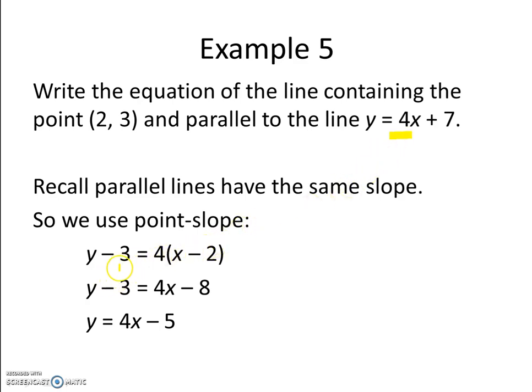Plugging that in with our point (2, 3), we have y minus 3 equals 4 times the quantity x minus 2. Distributing that 4 to the x, we get 4x, and the 4 to a -2, we get -8. Continuing to simplify, we add 3 to both sides of the equation, and we end up with y equaling 4x minus 5.